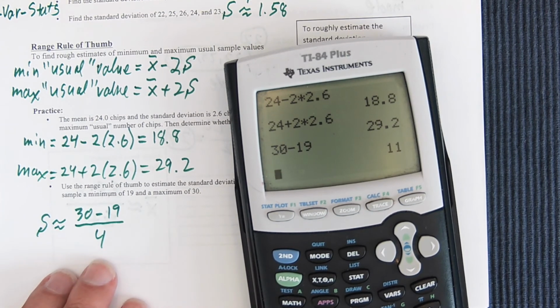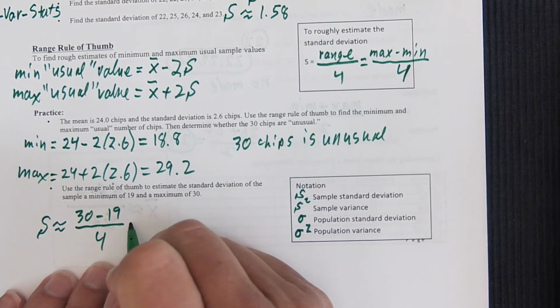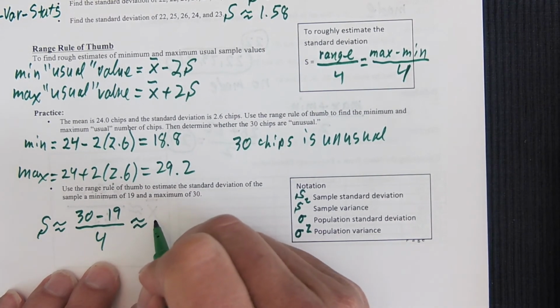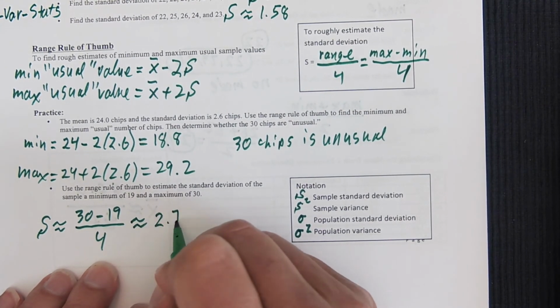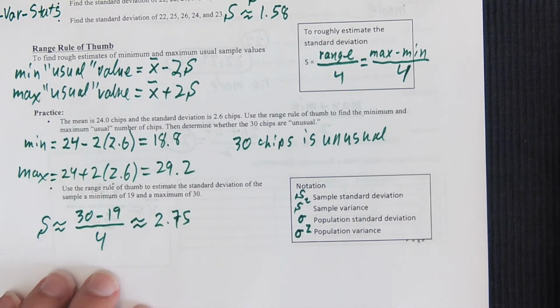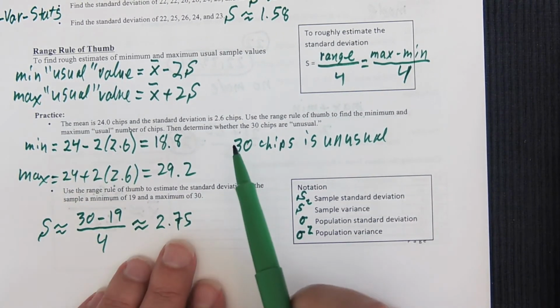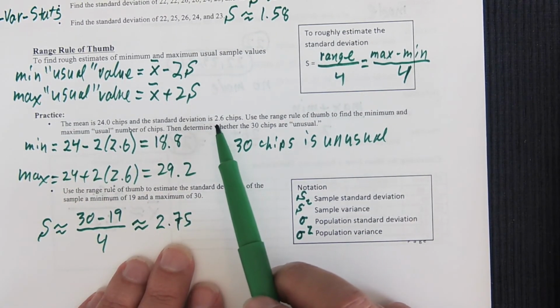Don't just hit divided by 4. You'll get the wrong answer. So, oops, 11. Forgot to divide it by 4. So an approximation is 2.75 for the standard deviation. And you can see it's relatively close.